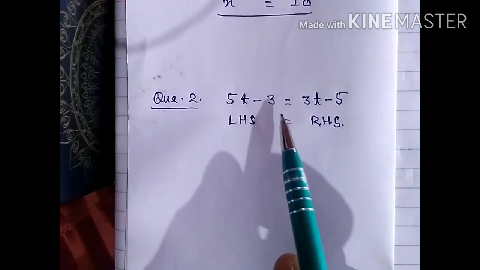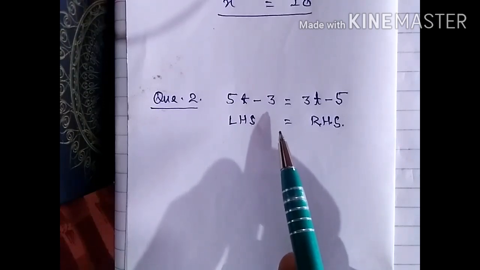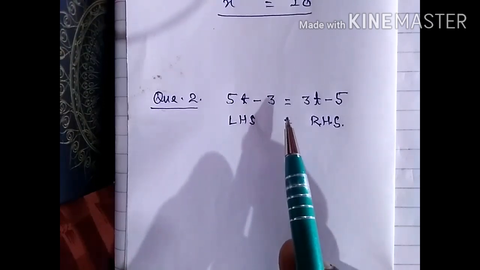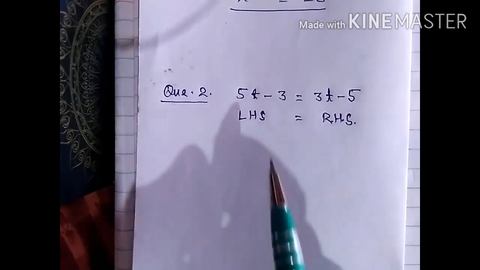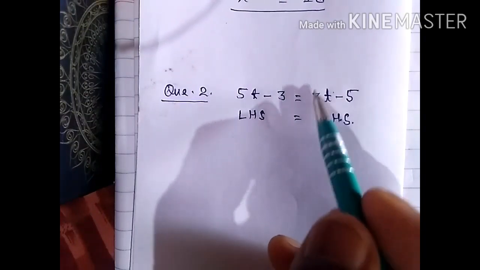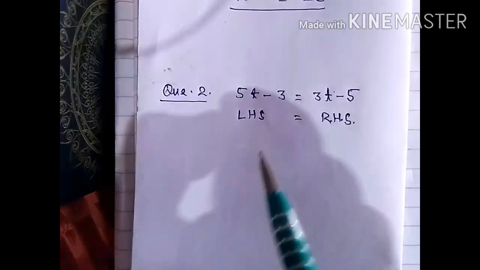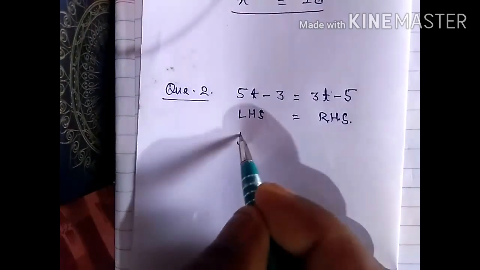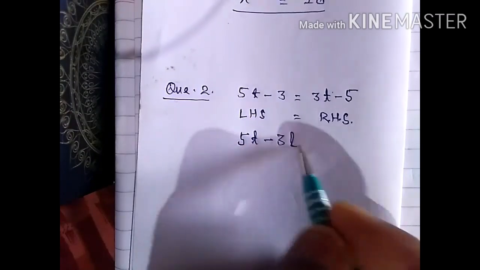So, in the first step, students, we have to put the variable on one side and the numbers on the other side of the equation. So, 5t and this 3t, we have to transpose this 3t from right hand side to left hand side, student. So, this will be 5t minus 3t.